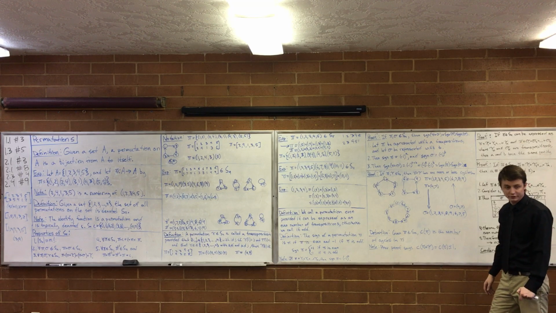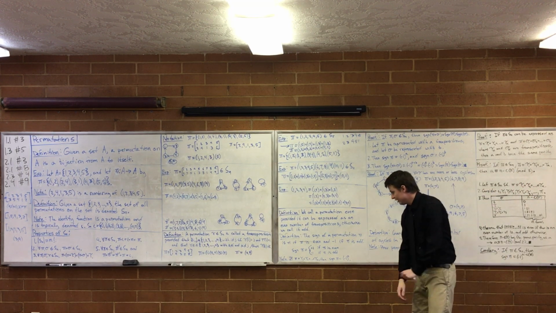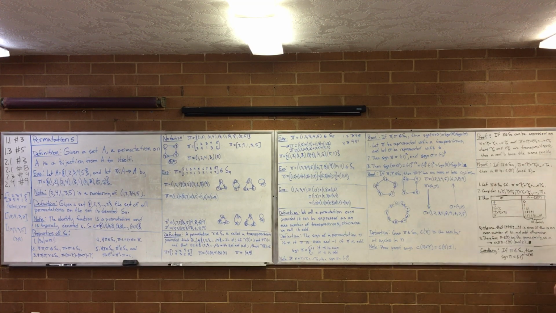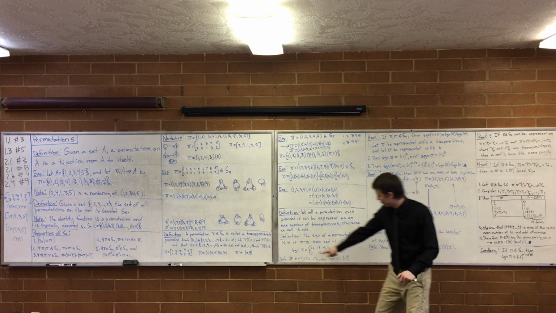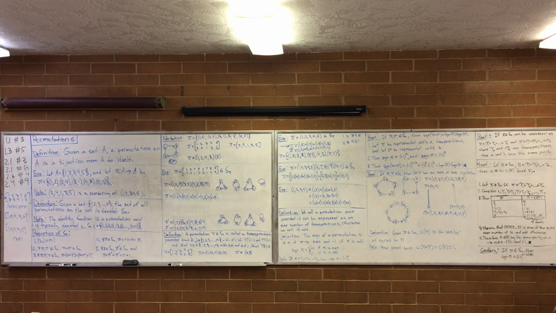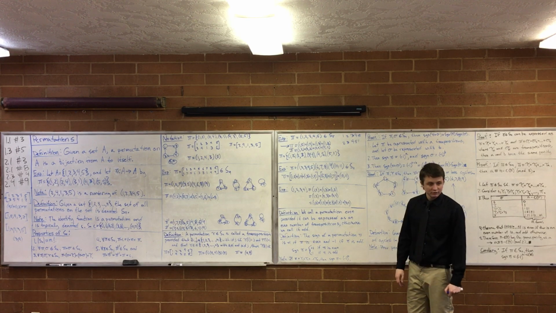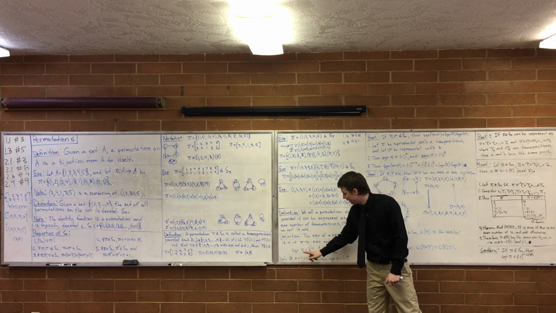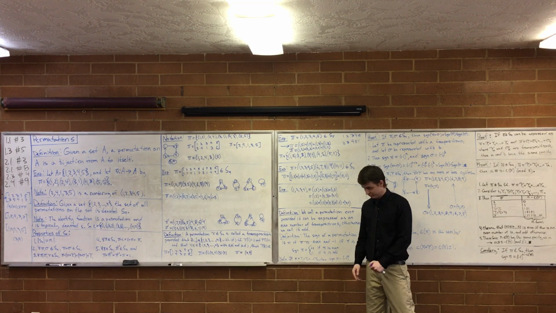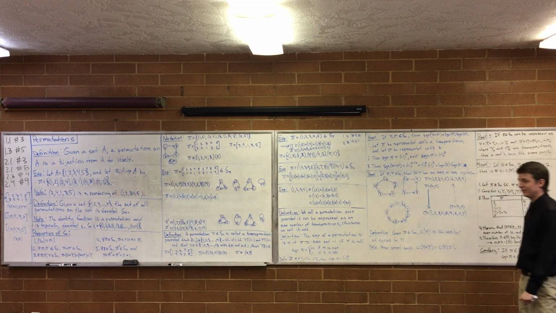Pretty simple definition there. Okay, here's a definition that's going to seem kind of weird: the sign of a permutation. The sign of a permutation is +1 if the permutation is even, and it's -1 if the permutation is odd. So SGN, sign of a permutation. Not sign like trig sine.